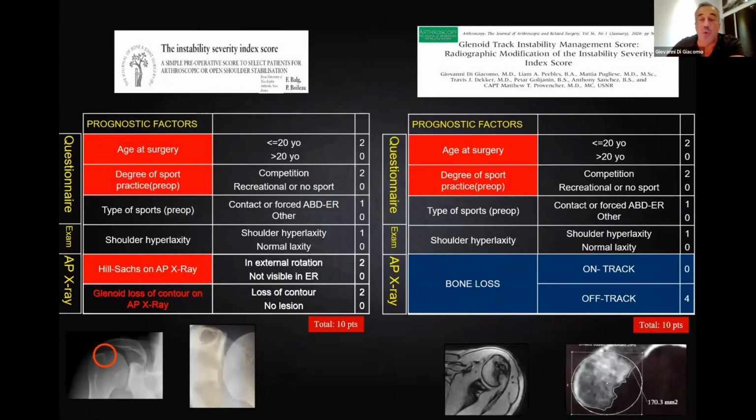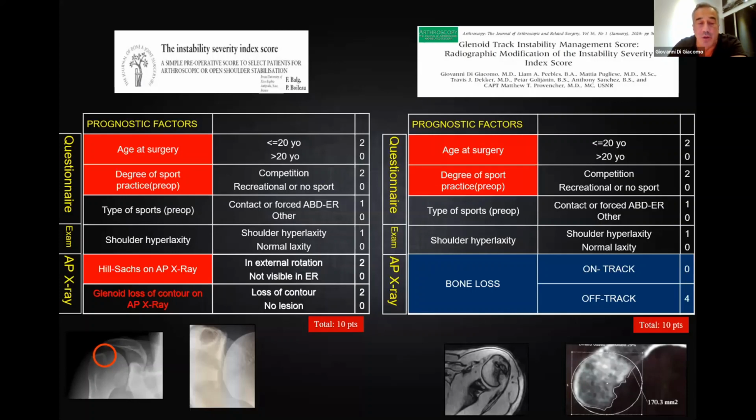I think that everyone knows very well the ISIS score. So when the patient is very young, less than 20 years, is a competitor, is playing, for example, rugby, there is some hyperlaxity, and there is some X-ray sign of bone loss on the humeral head, on the glenoid.